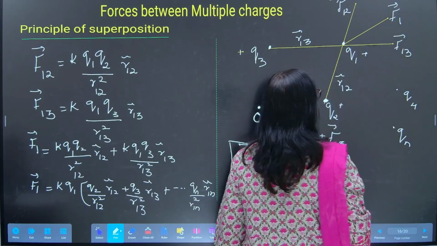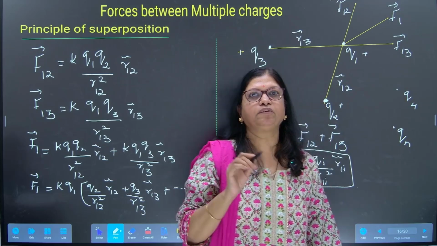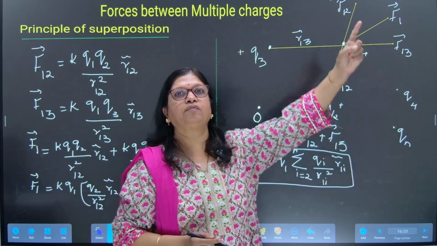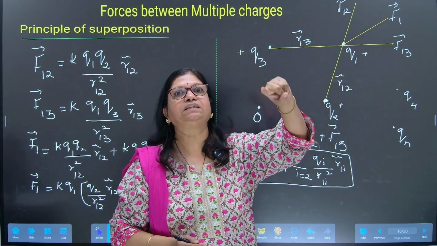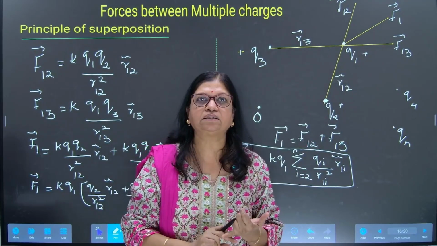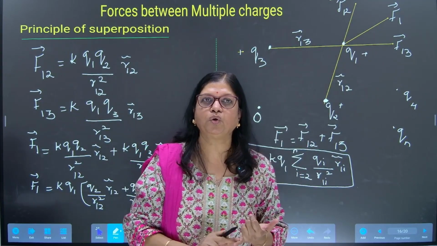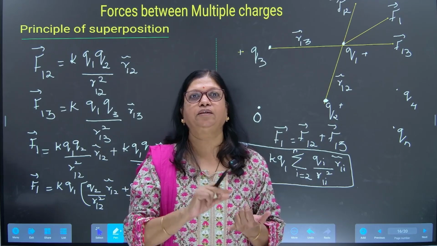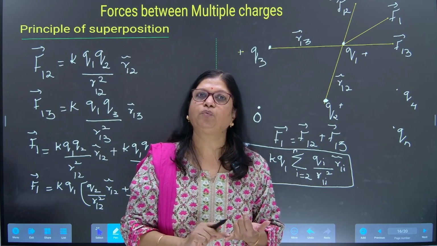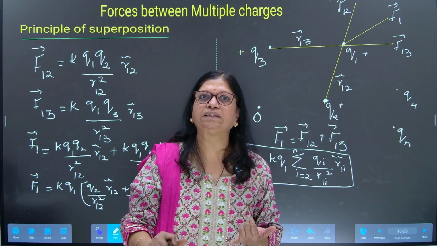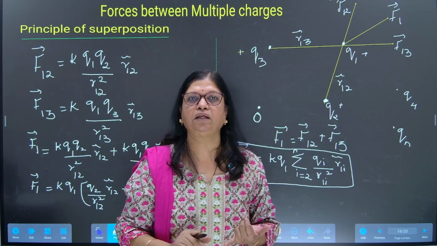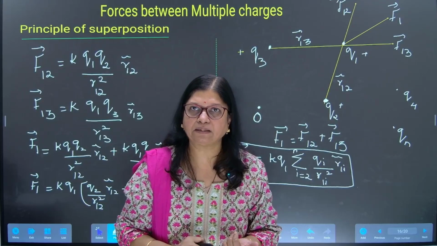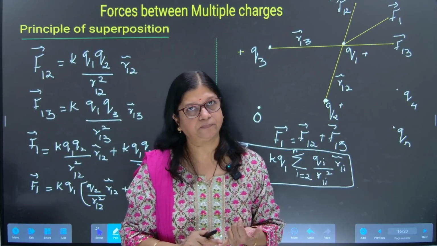So if we find the resultant of F12 and F13, we will get F1. This is the answer of the force acting on the charge Q1 due to Q2 and Q3. Similarly, if we want to add for the forces acting due to Q2, Q3, Q4, Qn, we have to follow the same method of vectorial addition.